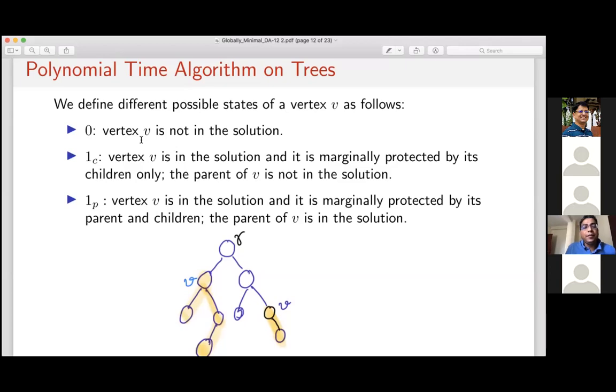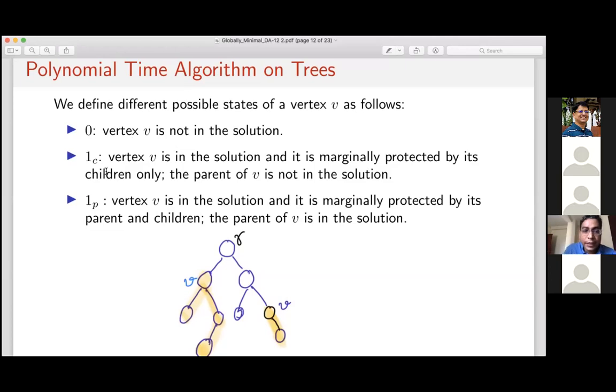Vertex V has state 1C, where 1 stands for it being in the solution, and it is marginally protected by its children only, and the parent of V is not in the solution, but V itself is in the solution.